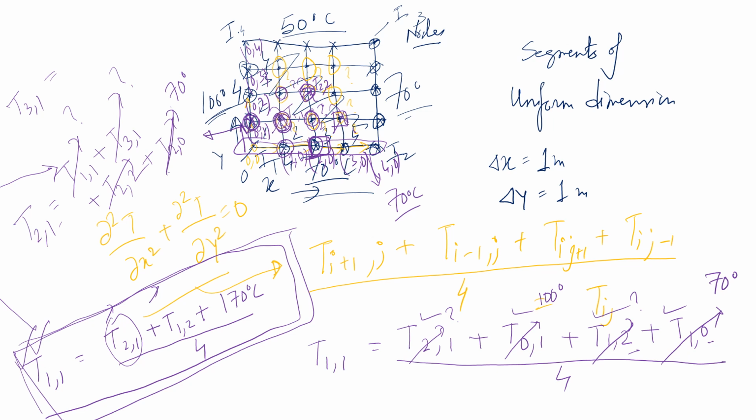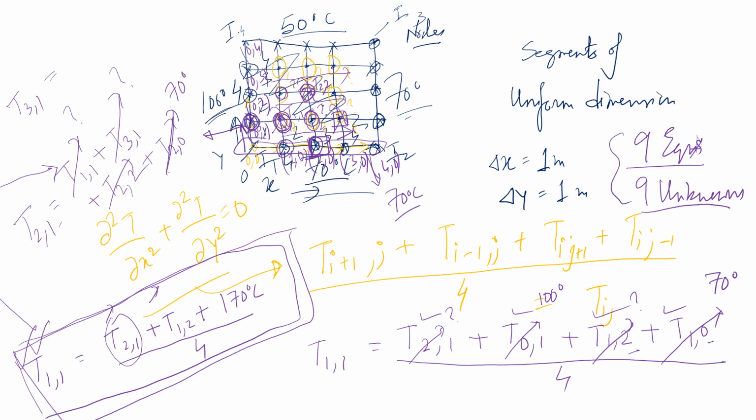In this way, if you move like this, then you will find 9 equations with 9 unknowns. So 9 equations, 9 unknowns.